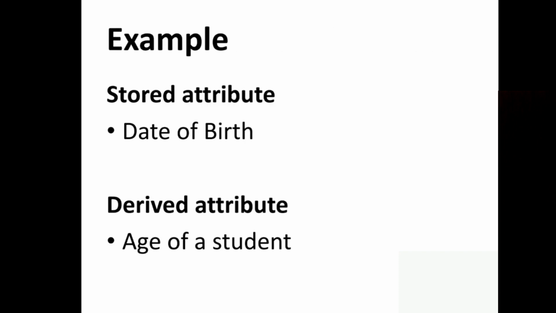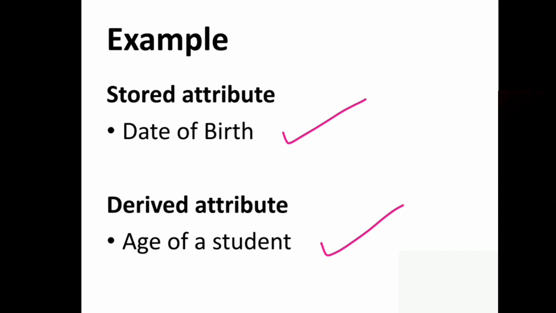So now look at the example to understand it. Let's say we have two attributes, that is the date of birth and age of a student. Now these two are related attributes. When the date of birth attribute's value is stored in the database, it can directly be retrieved and hence is called a stored attribute.